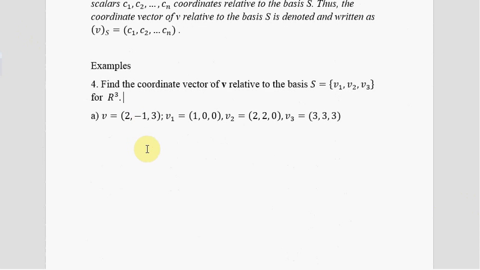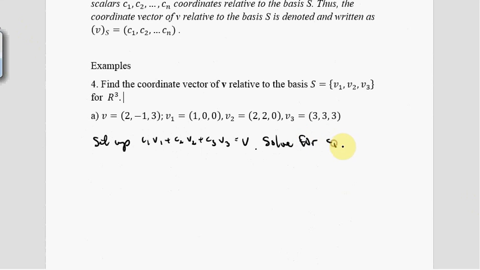And so all they want you to do is to set up C sub 1 times V sub 1 plus C sub 2 times V sub 2 plus C sub 3 times V sub 3 is equal to V. And once you do that, basically you're solving for C. Solve for C sub 1, C sub 2, and C sub 3.